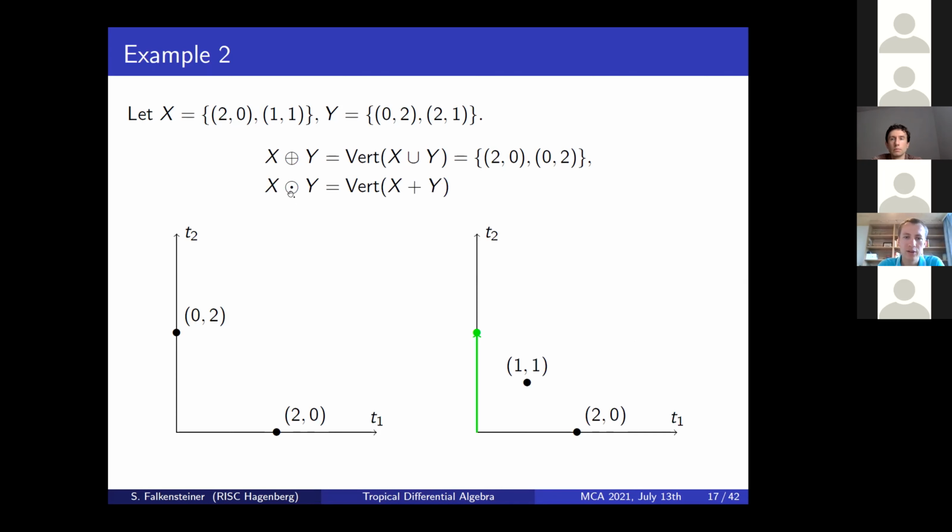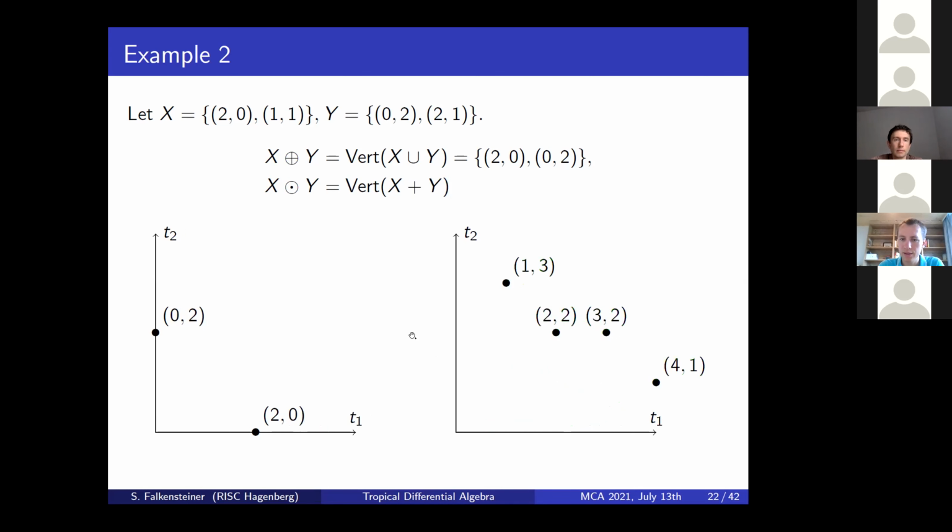Now we take a look at the multiplication of these 2 sets. For this, we consider the elements in X and 1 element in Y. Then we shift these 2 points by this element. Now we take the second element in Y and shift the elements in X again. So we get those 4 points in total.